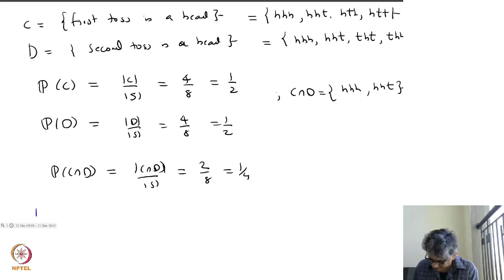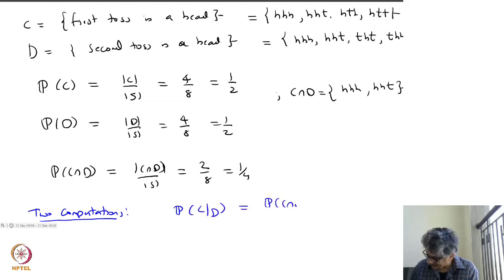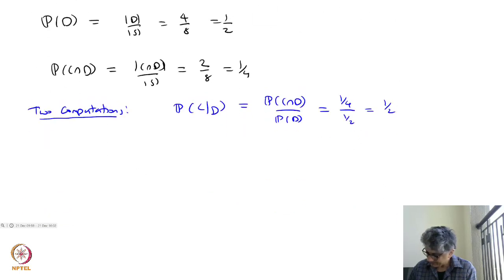Very nice. So now let's do two computations. Probability of C given D is the same as probability of C and D divided by probability of D. That turns out to be a quarter divided by a half, which is again a half.